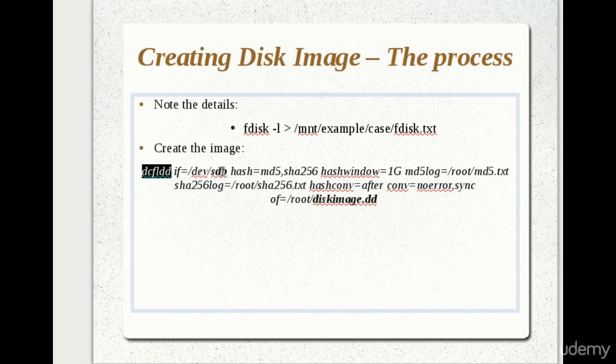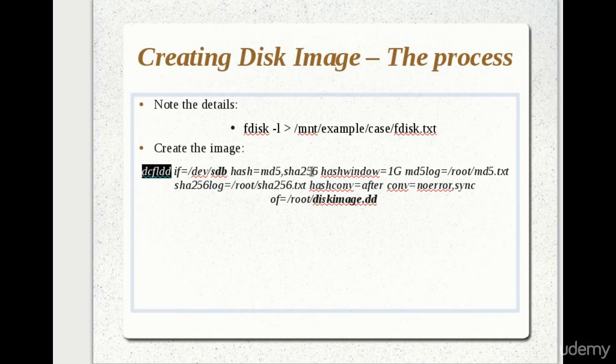If you want to take the image of any other partition, then you need to mention the name of that partition, whether it is sda, sda1, sda2 or whatever. Then the hash: what kind of hash or verification technique you want to use. Here I've mentioned the MD5 hash and the SHA-256 hash, which is far better than SHA-1.